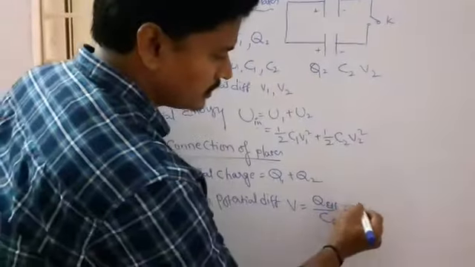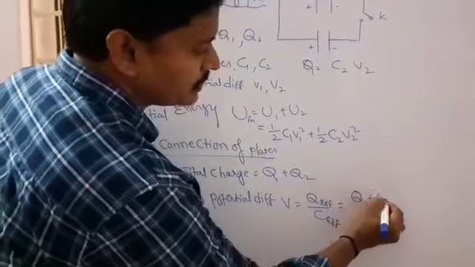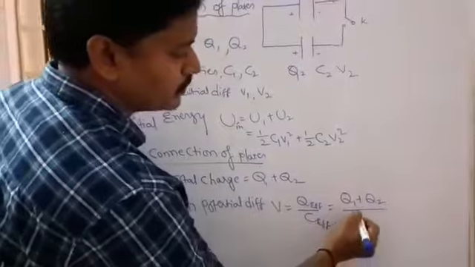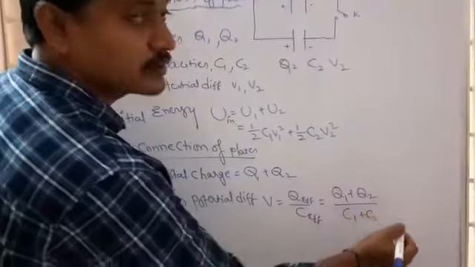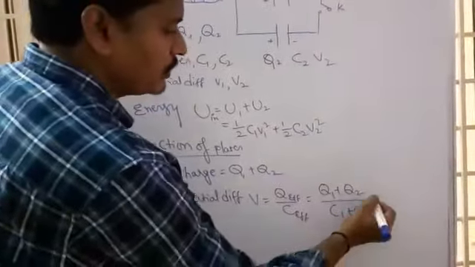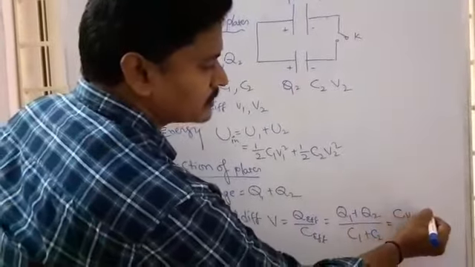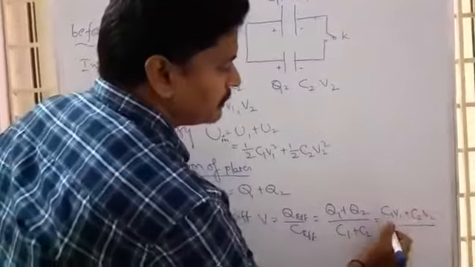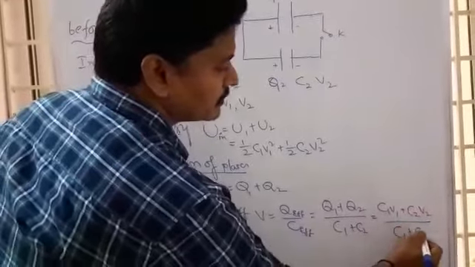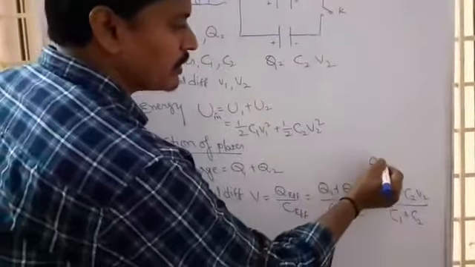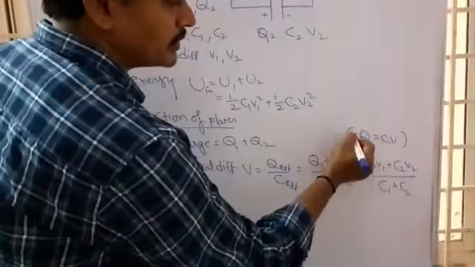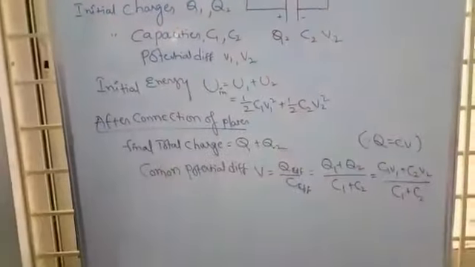Effective charge is Q1 plus Q2 and effective capacity is C1 plus C2. Then Q1 plus Q2 is equal to C1 V1 plus C2 V2, divided by C1 plus C2. Why? Because the formula Q is equal to CV, the capacitor capacity formula.